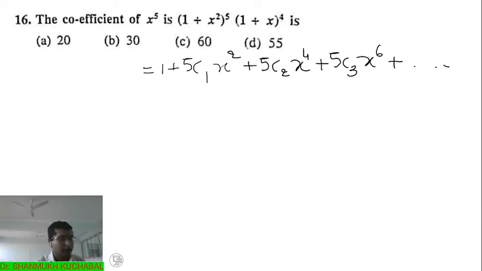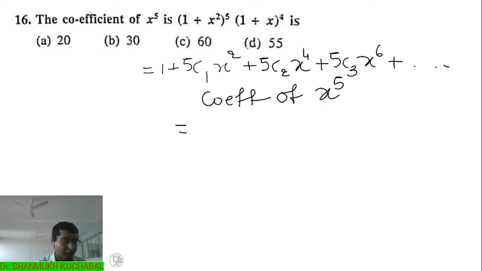Then we need to find the coefficient of x raised to 5. So this is given by 5C2 into 4C1, because x raised to 4, next x raised to 1 we want. Then 5C2, 4C1, next one more term we will get.